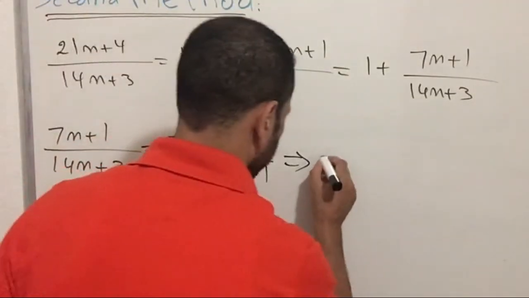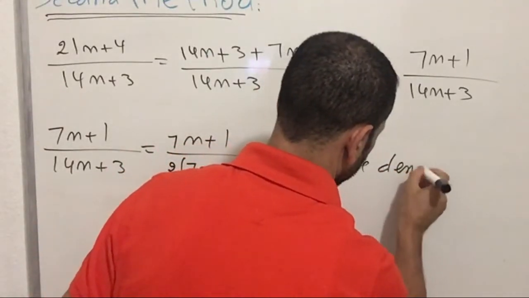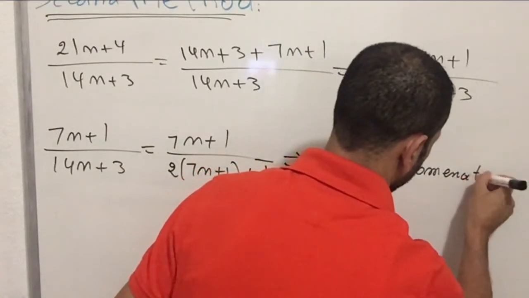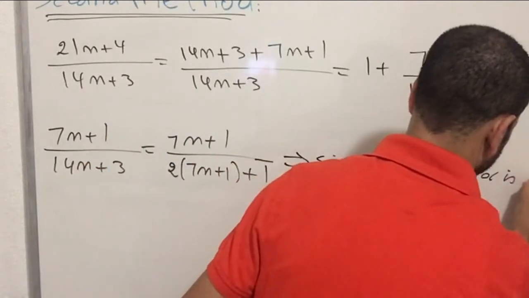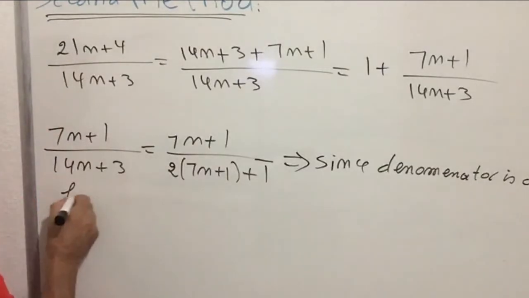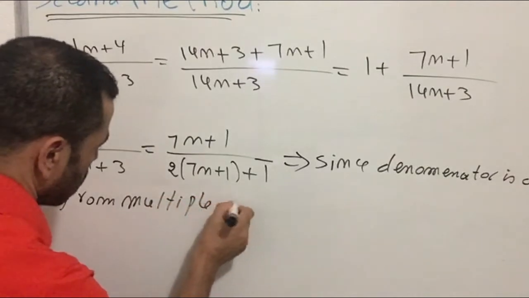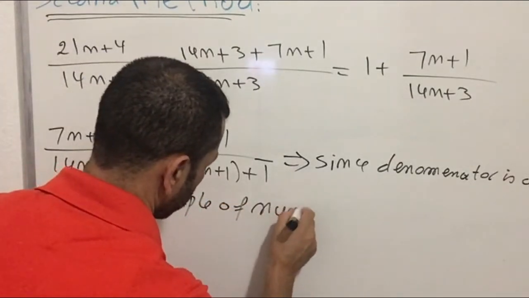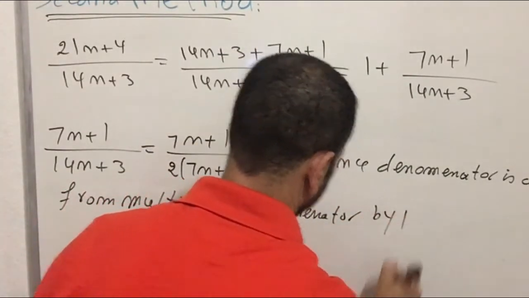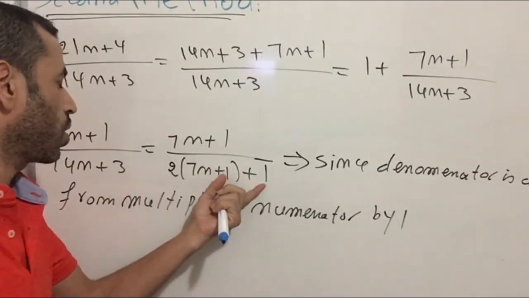So since the denominator differs from a multiple of the numerator by 1, the difference between the multiple of the numerator and the denominator is number 1.